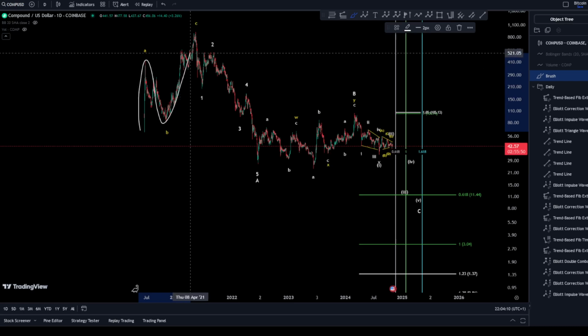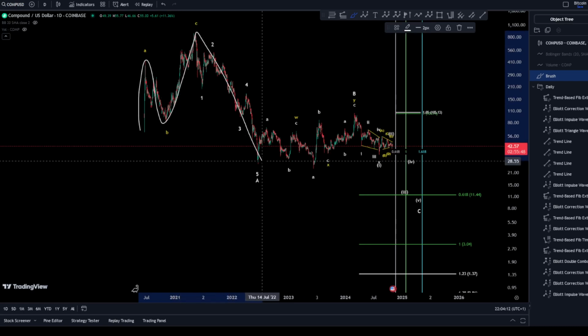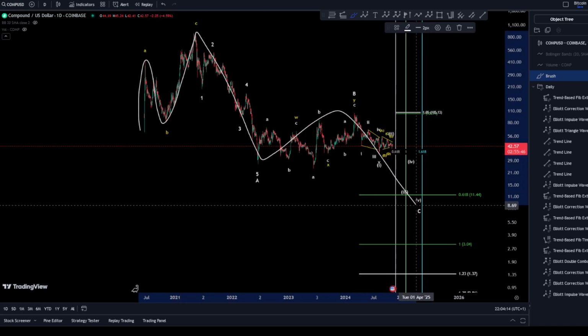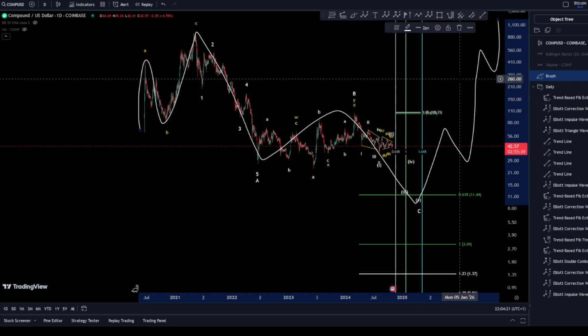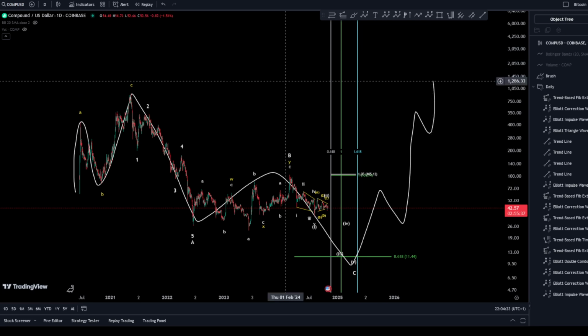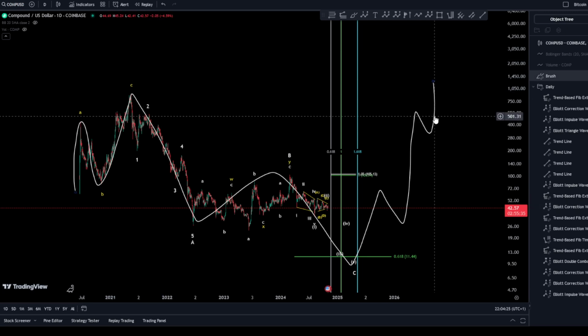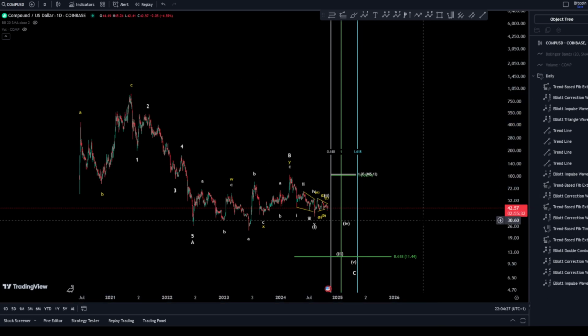If we consider those 3 waves up and then we finish 3 waves down, therefore you are in an expanding flat. And this expanding flat means massive 5 waves towards the upside, even reaching, of course, more and higher than this.